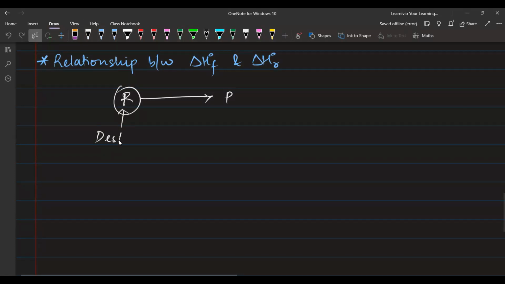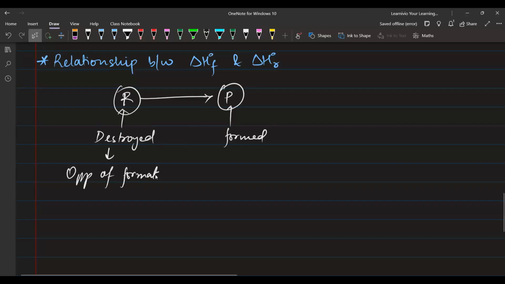So the reactant is getting destroyed and the product is getting formed. Now destruction is the opposite of formation. ठीक है, and ये तो form हो ही रहा है. This is getting formed only, right? So if the formation of product is represented by delta H naught F of product, then opposite of formation के लिए क्या लिख सकते हैं, minus delta H naught F of reactant.